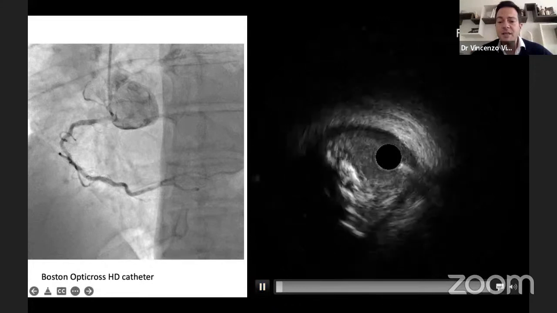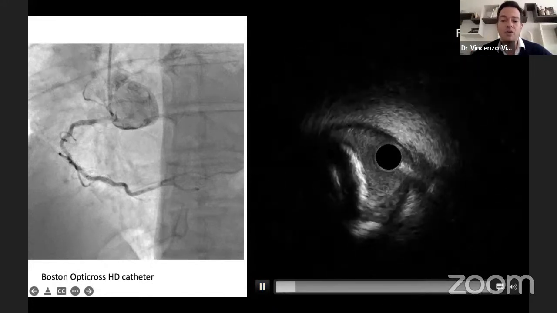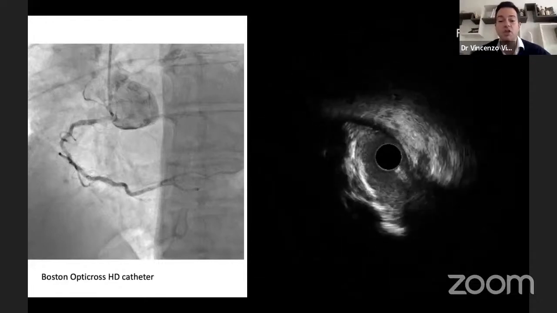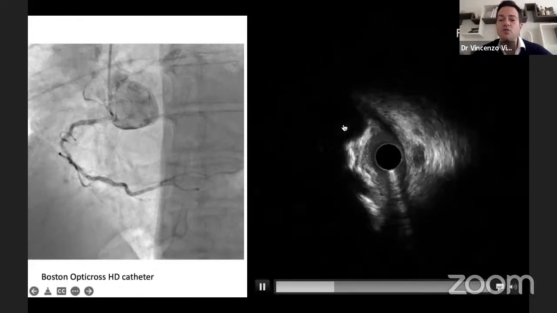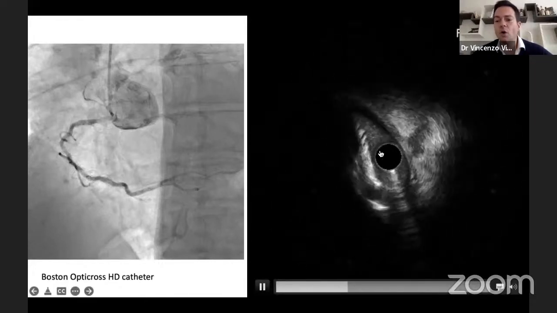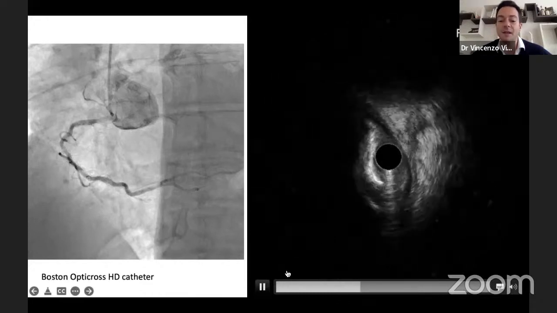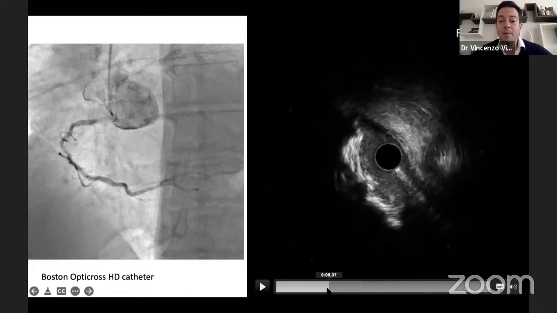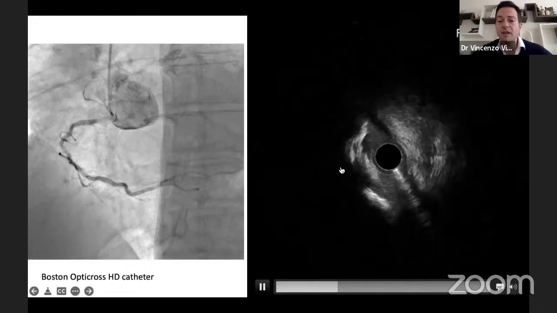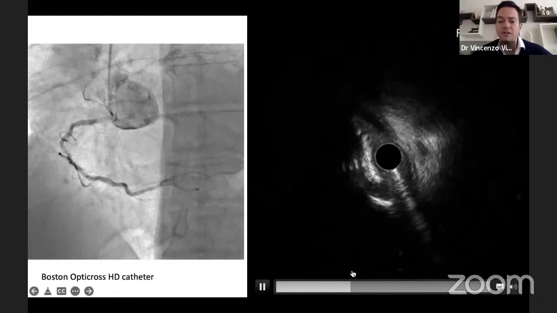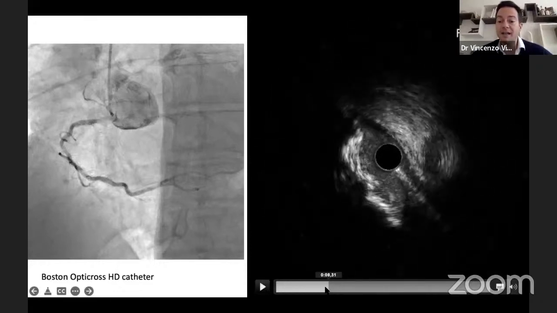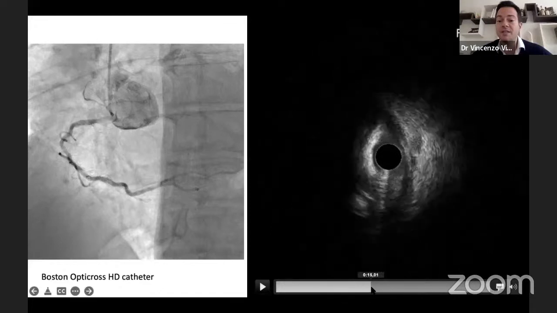As you can see here, the IVUS confirmed what the angiographic imaging showed. I like to call it a tsunami of calcium going into the lumen of the vessel, where you can appreciate both the plate of eccentric calcium, which is more than 180 degrees, as well as a protruding calcified nodule.